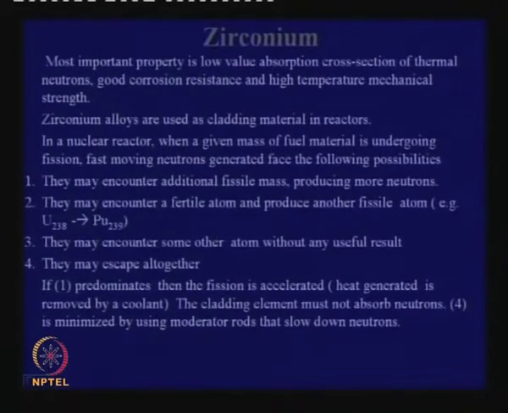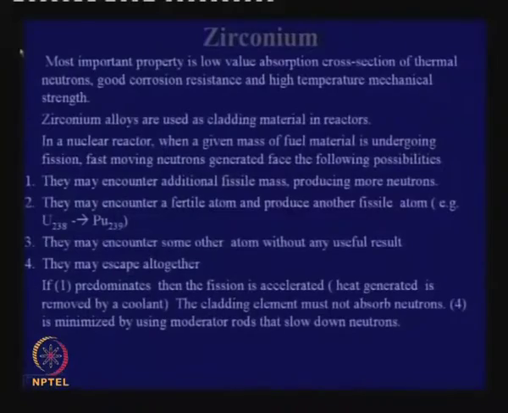Now, during a nuclear fission reaction, what happens is a mass splits into two nearly equal halves which go in two directions with high velocities. A small amount of mass is converted into energy. High velocity neutrons are emitted, and these neutrons can face four possibilities.